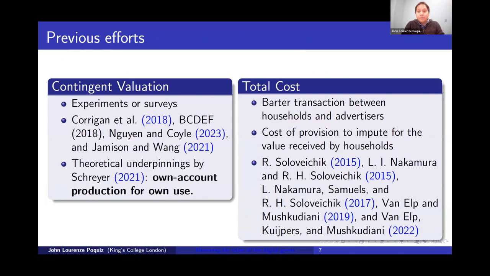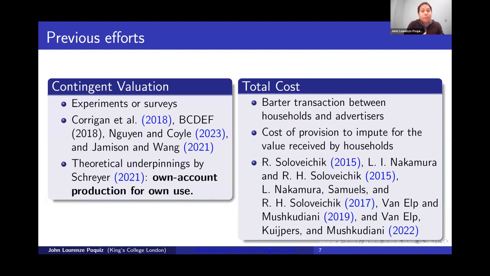Now, this is not the first time that people are doing this. I'm sure you're aware that there are a lot of papers trying to estimate the value of free digital services. I like to categorize these efforts into two groups. There are other efforts, but I want to focus on these two.